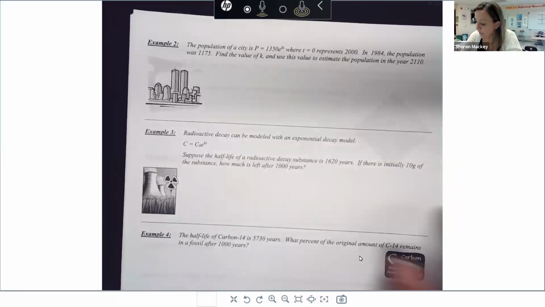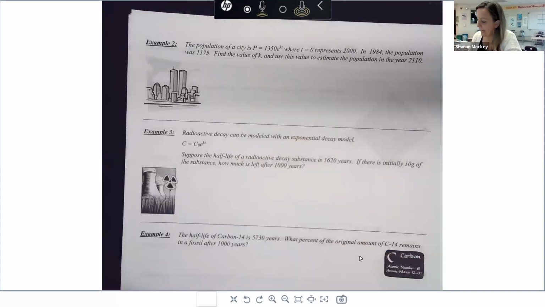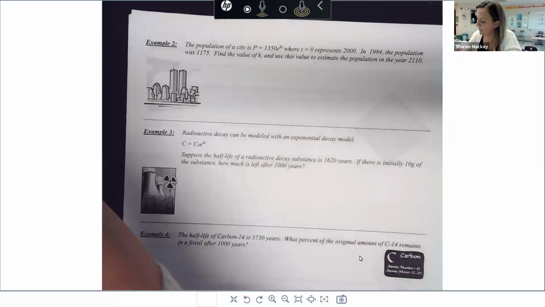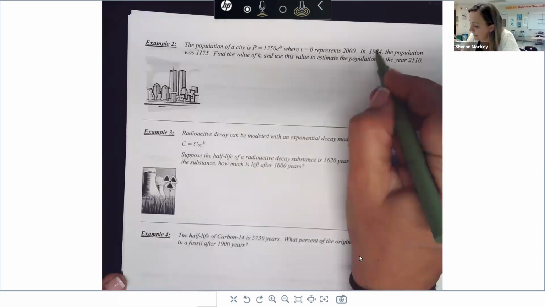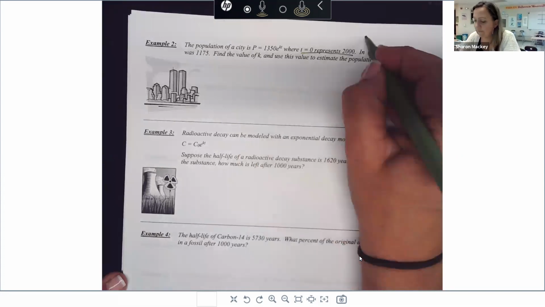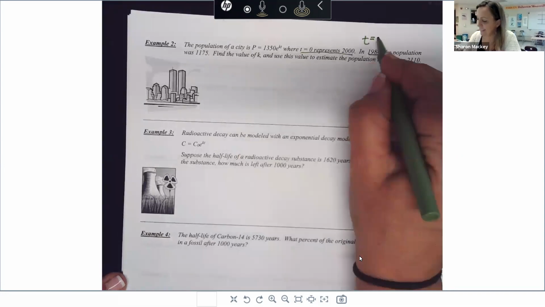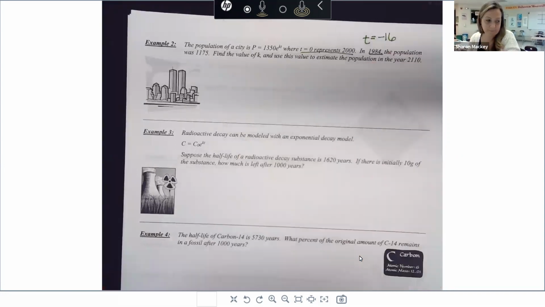All right, so we use this, and the first thing is maybe to decide what this 1984 is telling us. Well, if t equals 0 represents the year 2000, 1984 is 16 years before that, so that would mean that t is -16 in that case.